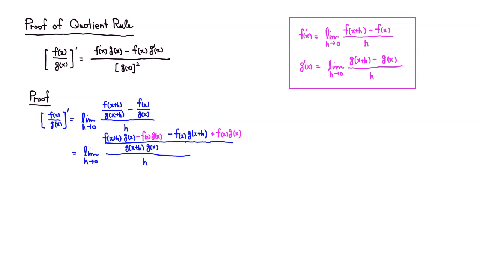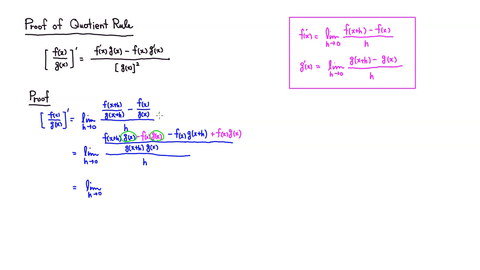Then we can split this into two parts. So you have a limit as h approaches 0. I'm going to look at the first two terms first, and you notice that there's a common factor: both of them have g of x.